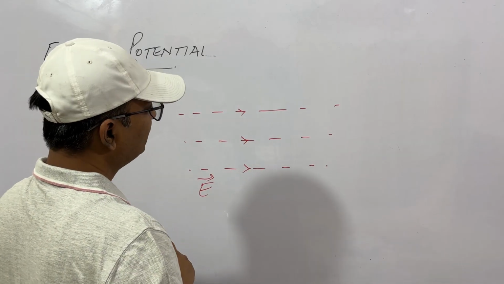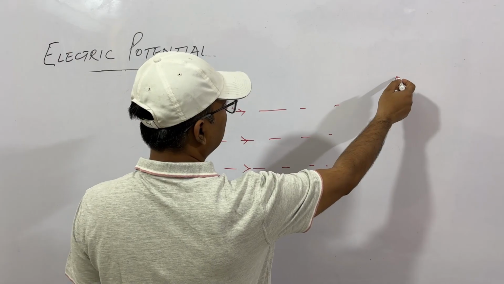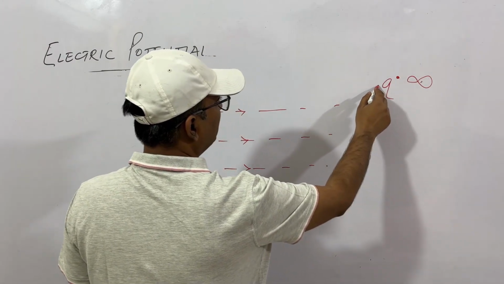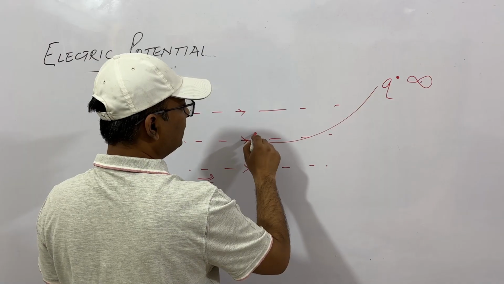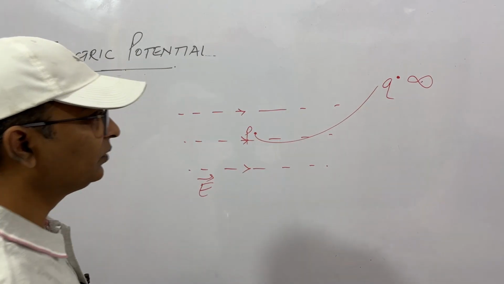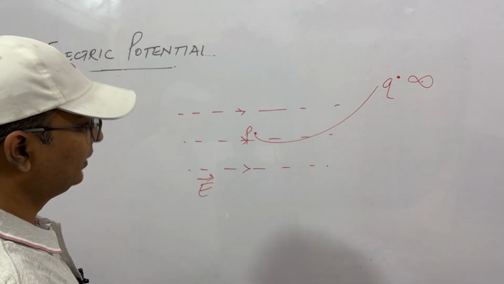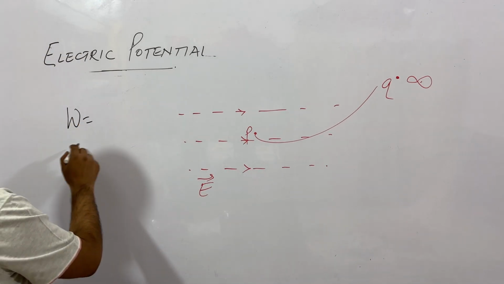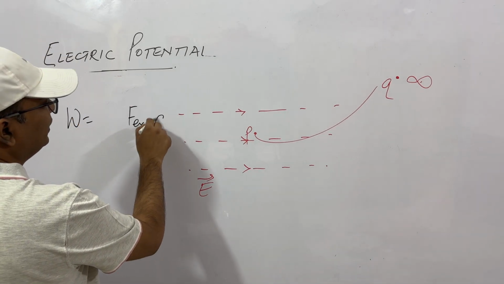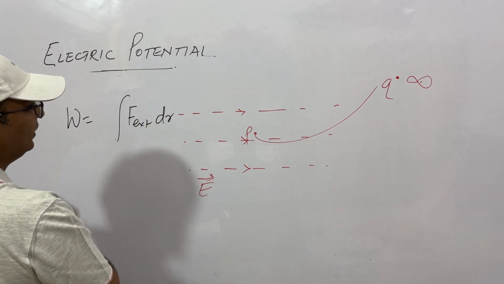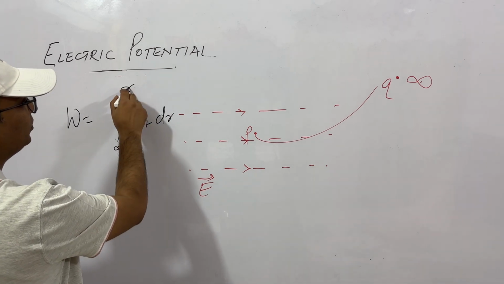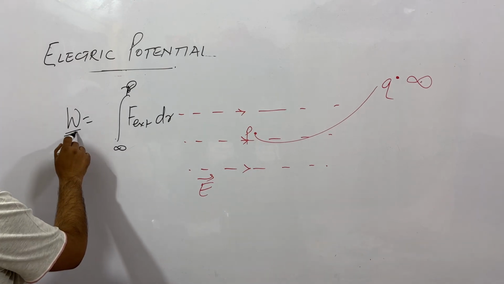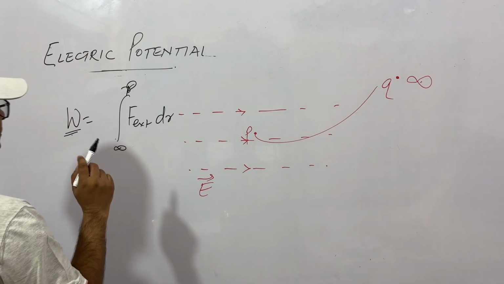So if a charge Q is brought from infinity to this point P in this field, obviously you'll have to apply an external force and work will be done. So work done will be F external into distance, from infinity to P. This is the work done in bringing charge Q.